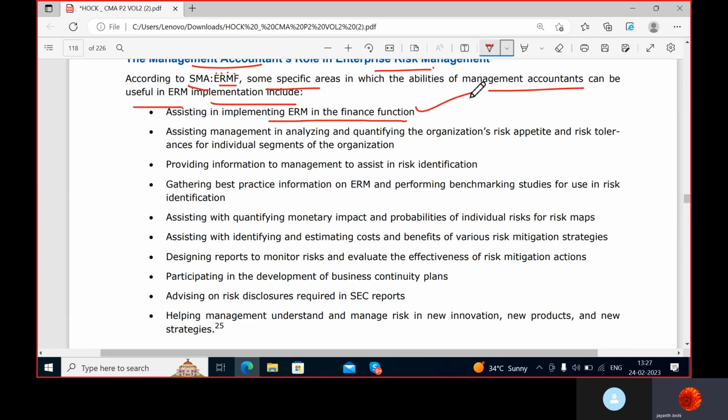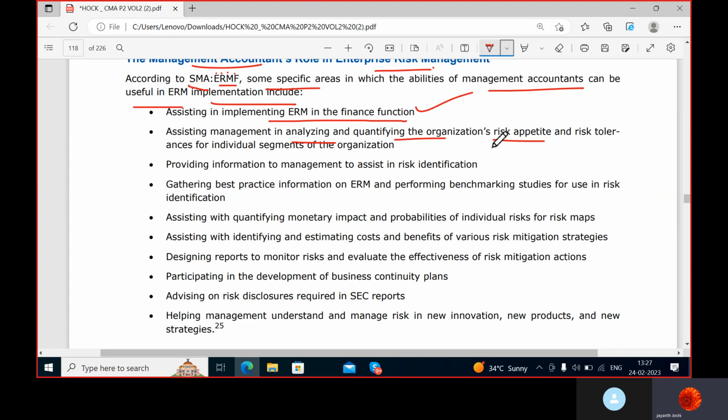Since the management accountant is dealing with the finance side in the company, they want to implement ERM in the finance function, so that all the risks related to financial activities happening in the company can be minimized.